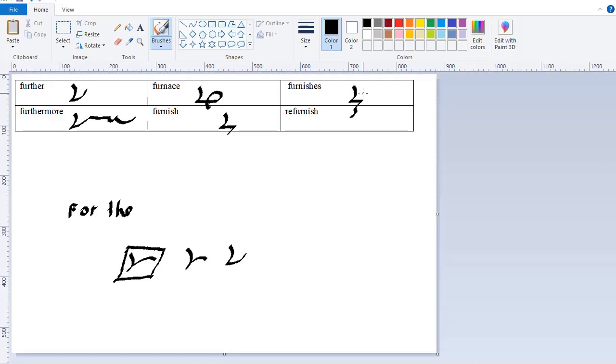Tama? Furnishes. Ganon sila mag-English, wala tayong magagawa. Okay, so all you need to do is to omit those vowels so that the only strokes that you're going to put there are the consonants.